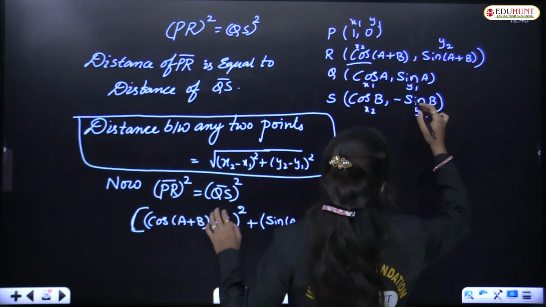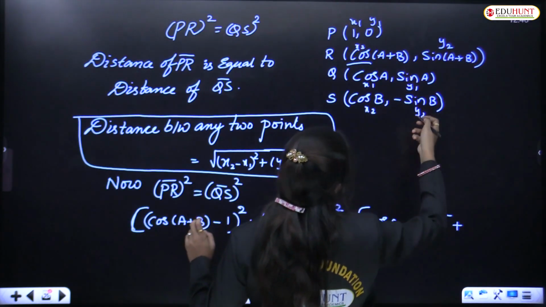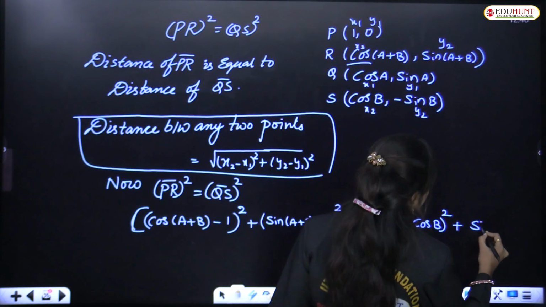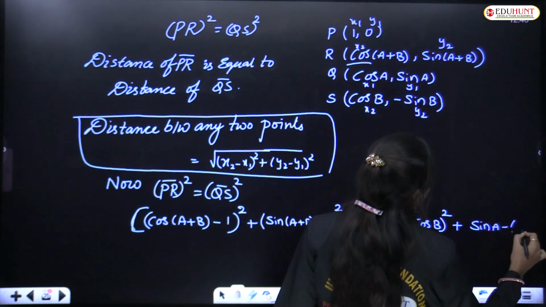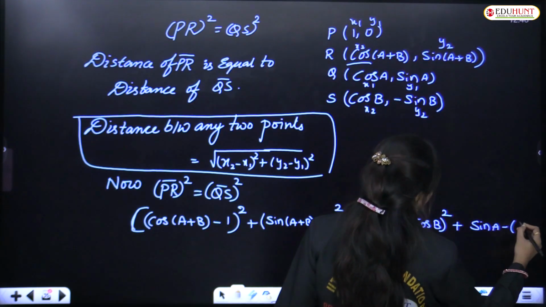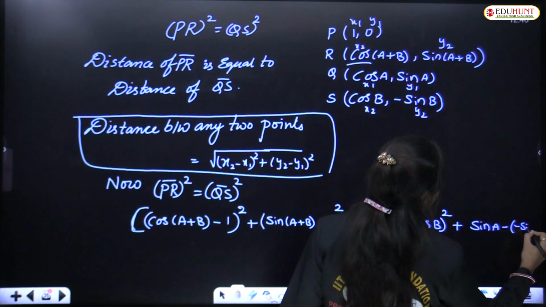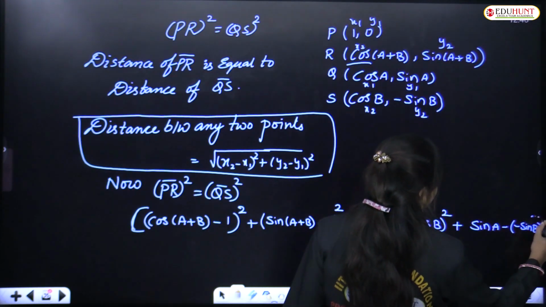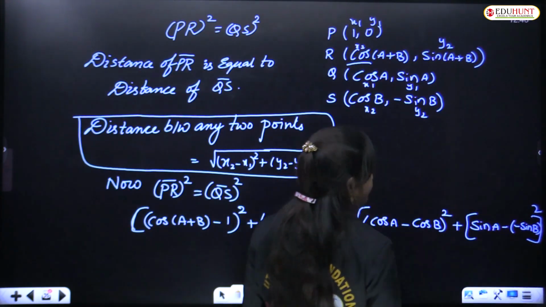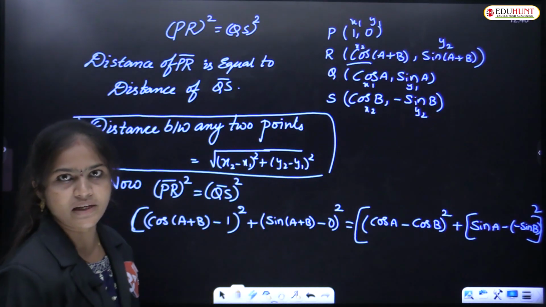So what is y2 here? Minus sin B. So y1 minus y2 also we can take, no? So take this one as sin A, y2 minus y1 or y1 minus y2. y2 is minus sin B whole square. y2 minus y1 whole square.